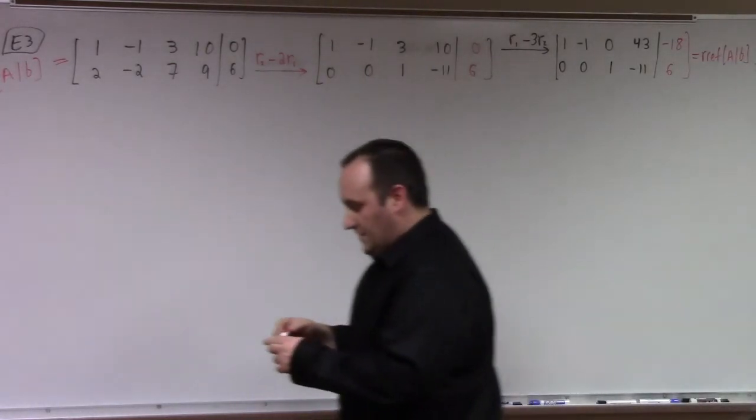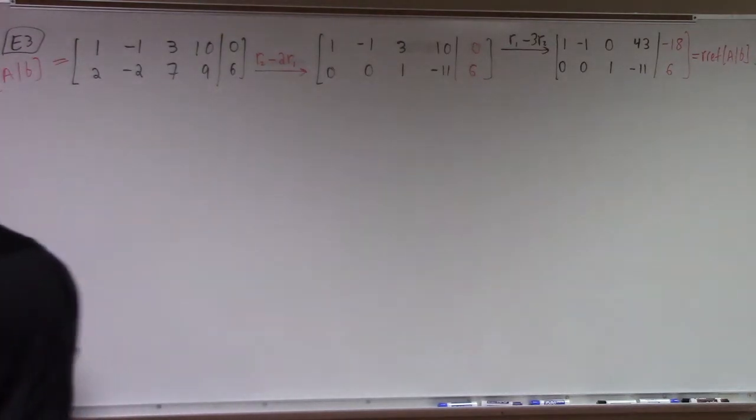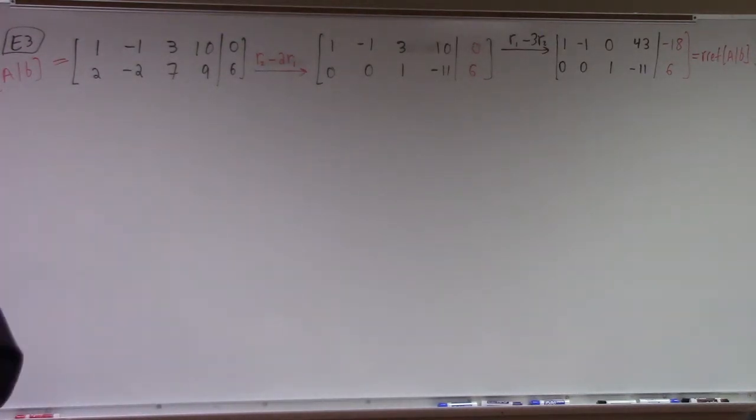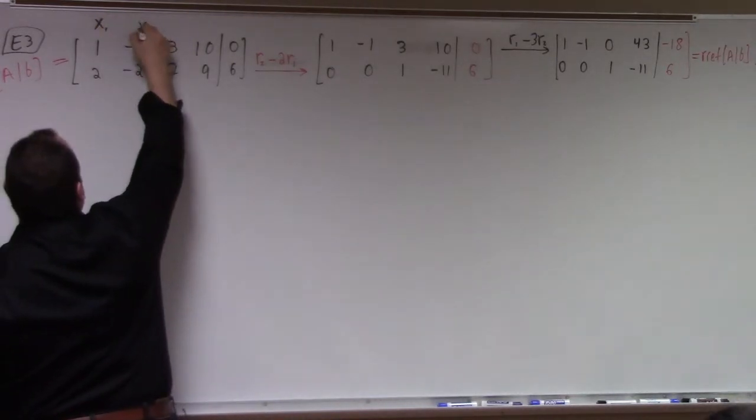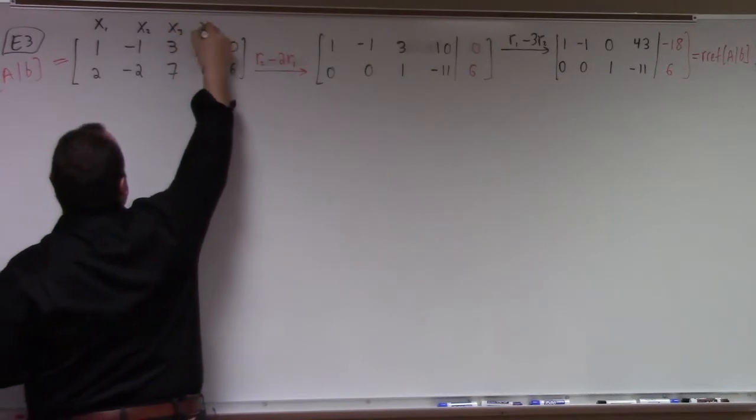That will give me a system of equations which has the same solution set as my initial system, although I didn't even write the equations yet, did I? So, let's suppose that this is the x1 column, this is the x2 column, this is the x3 column, this is the x4 column.